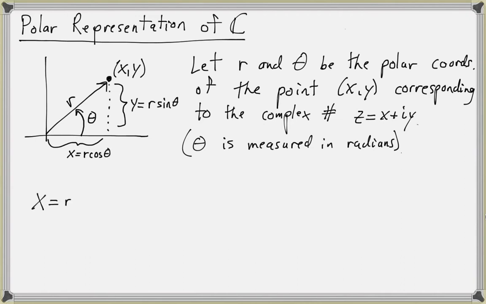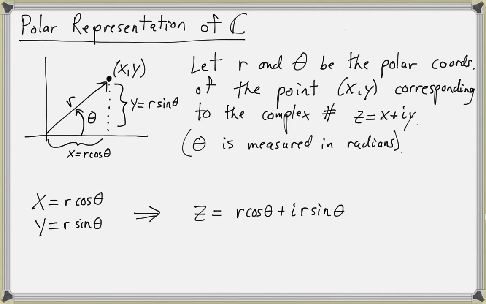So if x equals r cosine of theta and y equals r sine of theta and z is x plus iy, then we can write z in the form r cosine of theta plus i times r sine of theta.